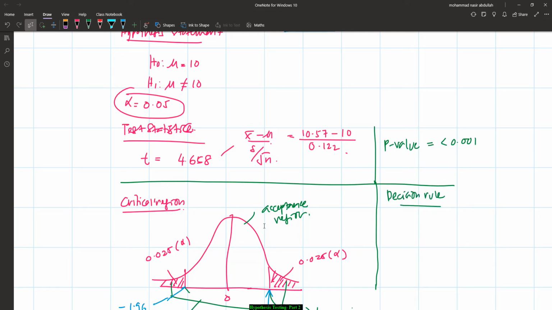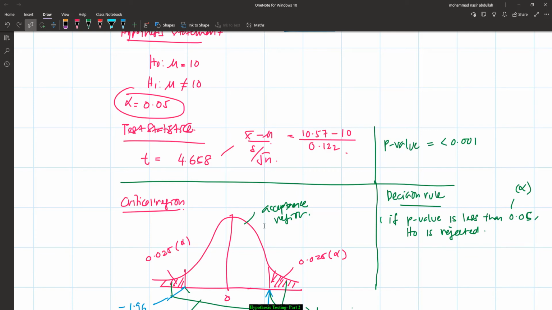Our decision rule, if p-value is less than 0.05, where you get this is our alpha. If your alpha is 0.01, so you should mention 0.01. So if the p-value is less than 0.05, null hypothesis is rejected.